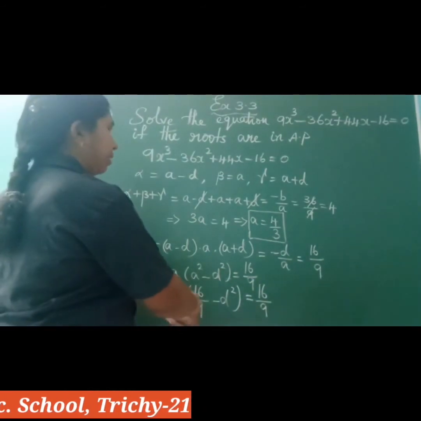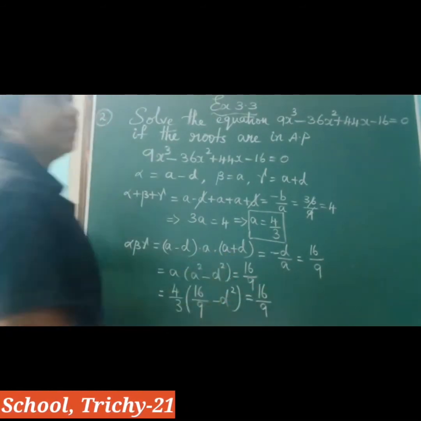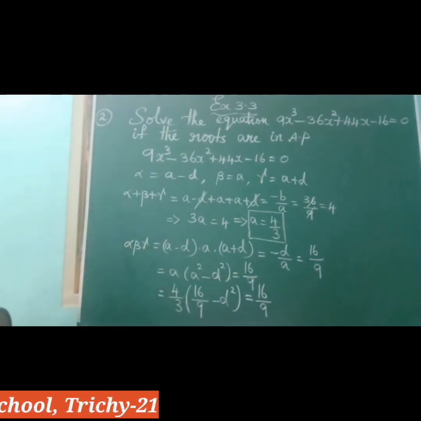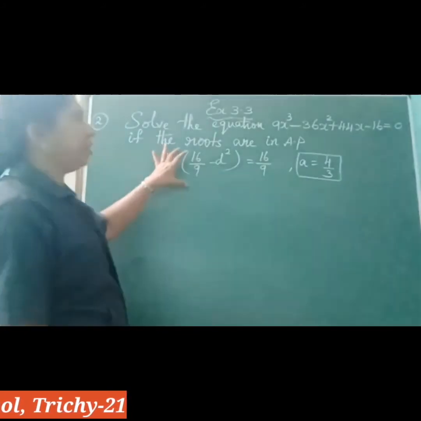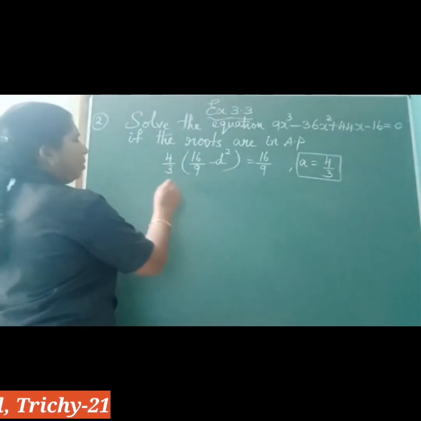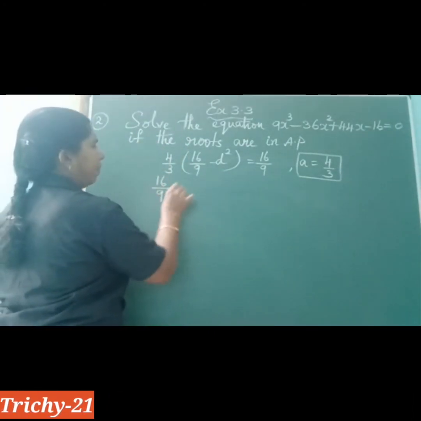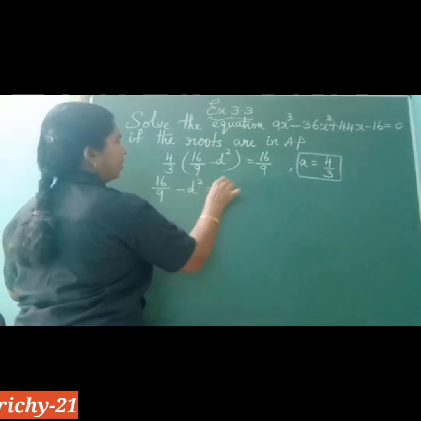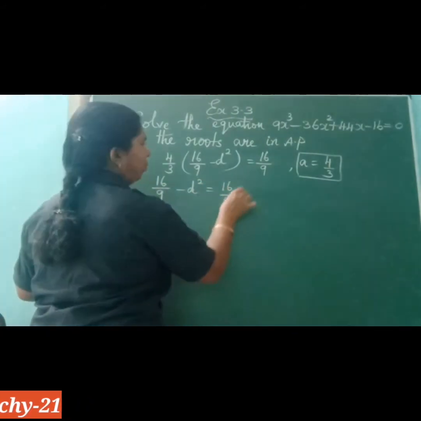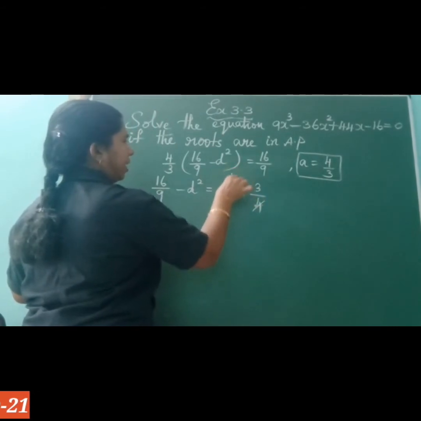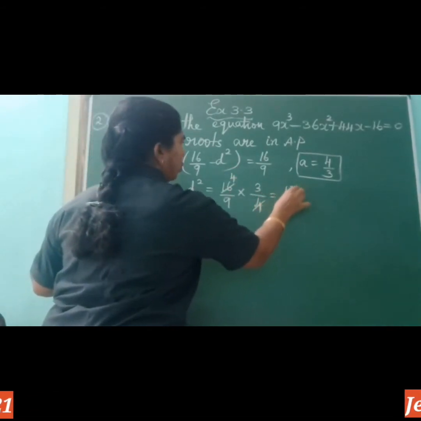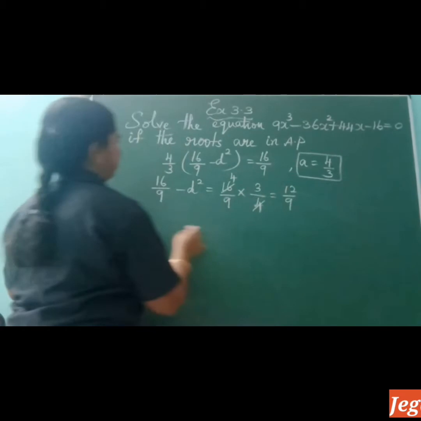Next you can take this 4 by 3 to the other side. Now we have to simplify this. So 16 by 9 minus d square is equal to 16 by 9 into 3 by 4. Here only these two numbers you can cancel. Now we are getting 12 by 9.